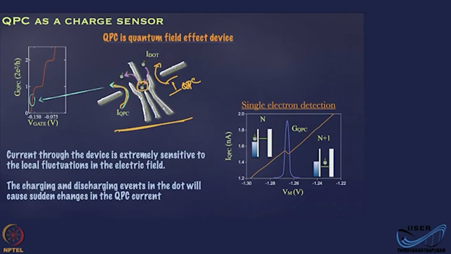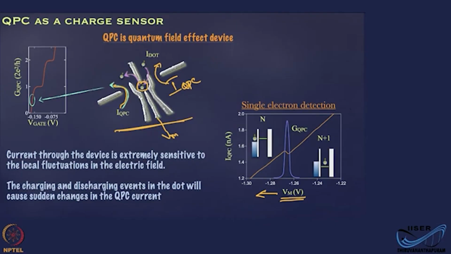So what we are doing here is changing the gate voltage Vm. Vm is the voltage on this middle gate. And when you sweep this gate to the negative direction, you are removing one electron out of the dot. So this event of the electron tunneling out of the dot is going to put a small change in the conductance of the QPC.